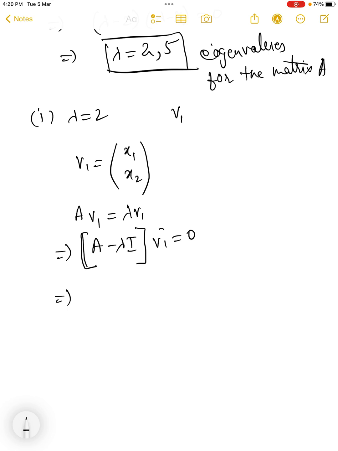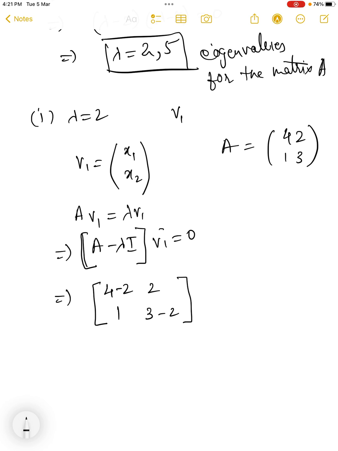A minus lambda I, what was A? A was [4 2; 1 3]. So we subtract lambda equal to 2 in the diagonal entries: [4 minus 2, 2; 1, 3 minus 2].